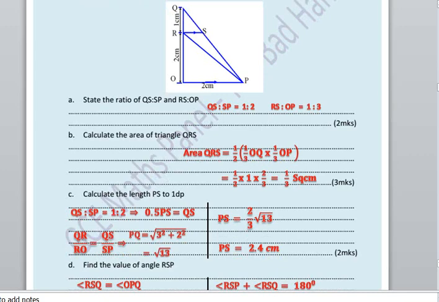D, find the value of the angle RSP. Know that RSP plus RSQ give us 180 degrees.